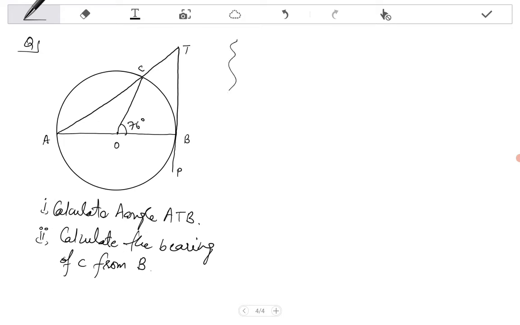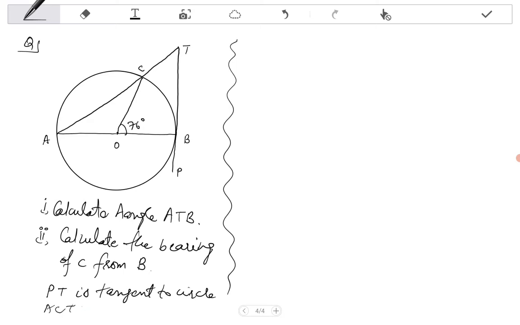How can we solve this question? First of all, I want to tell you PT is tangent. It's given in the question, right? It is tangent to the circle at point B, and ACT is a straight line.